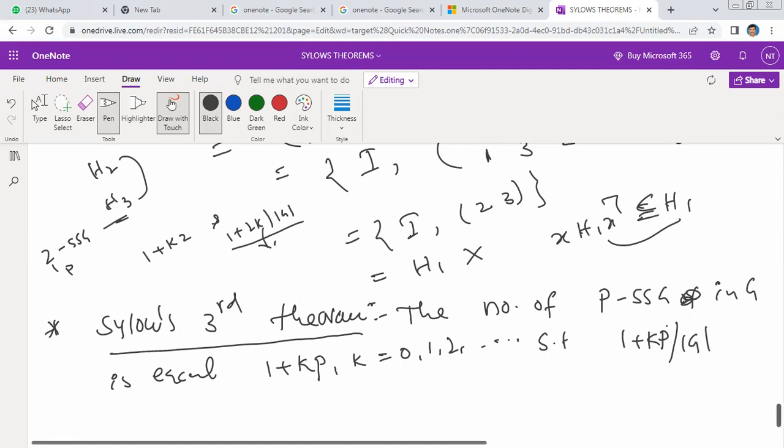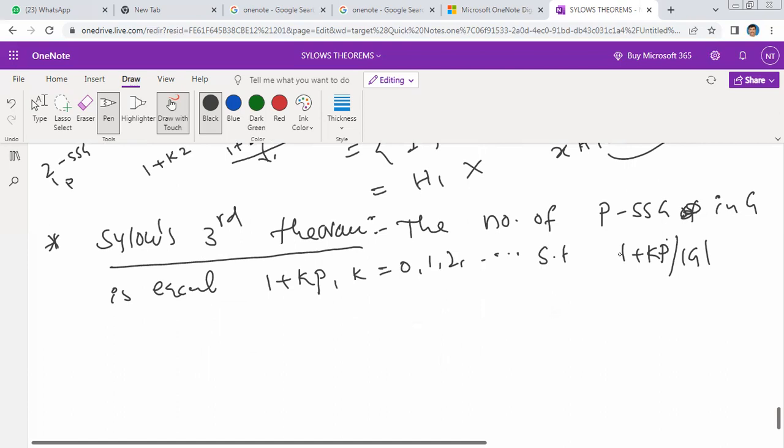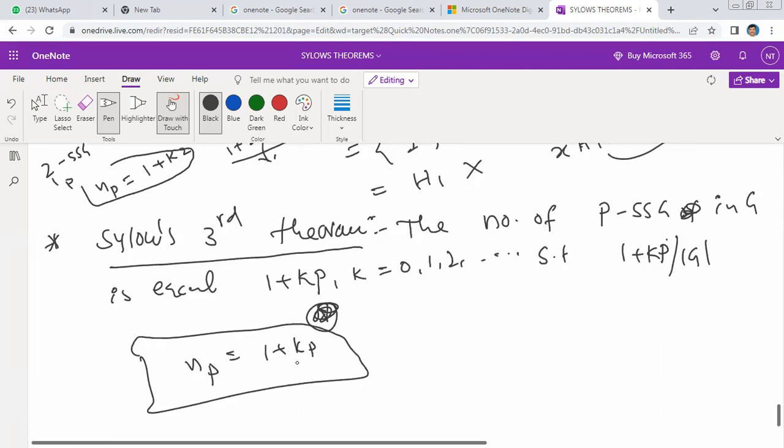I will give the clarification. The number of P-Sylow subgroups of a group G is always equal to 1 plus Kp. It can be denoted by NP. So this 1 plus Kp is denoted by NP. We can also write it this way: simply, 1 plus Kp is denoted by NP.